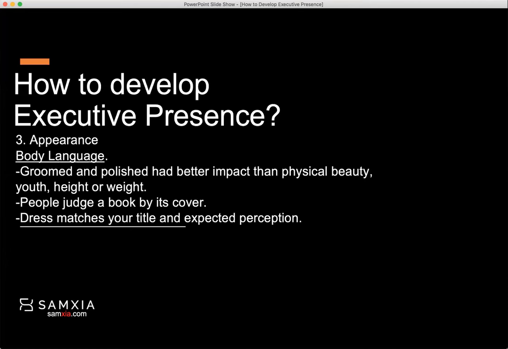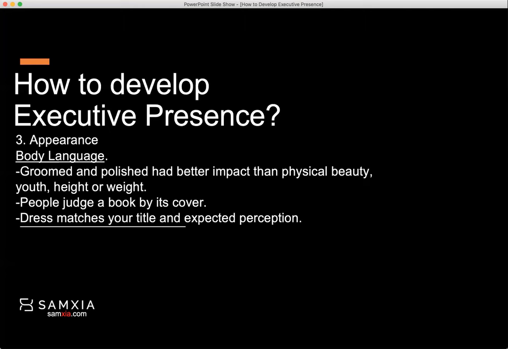So if you are in a position of power, or if you want to be in a position of power, you want to develop your executive presence, please make sure your dress matches your title and expected perception. Granted, especially for some of our members who work on the West Coast, in Silicon Valley, which has this tradition of rebellion, right?